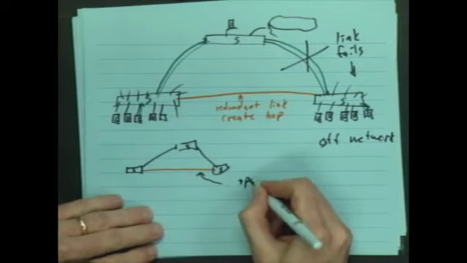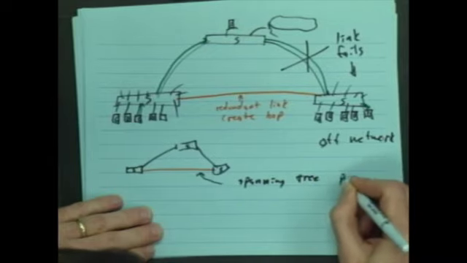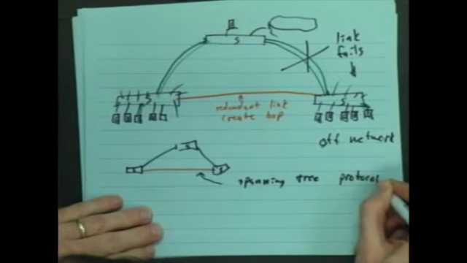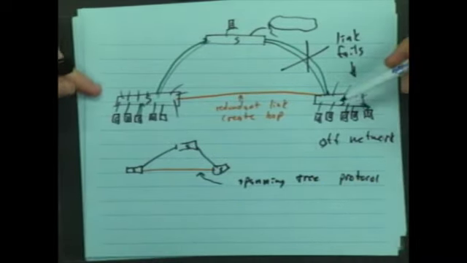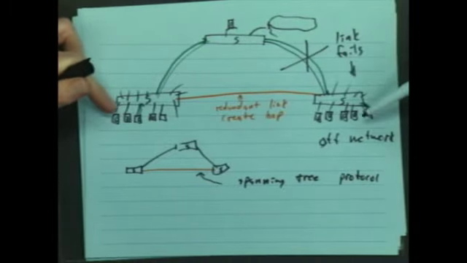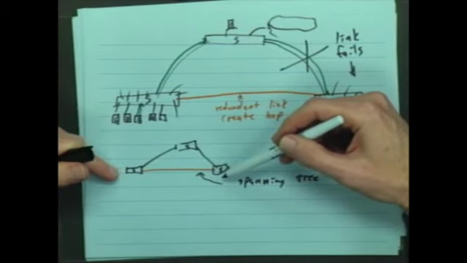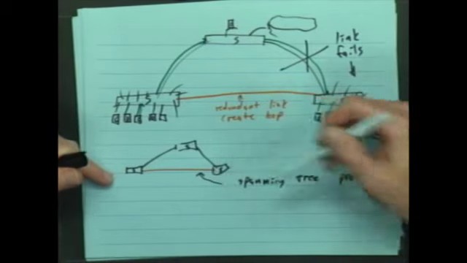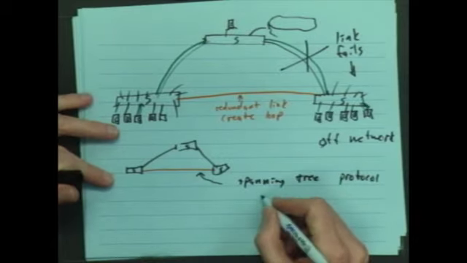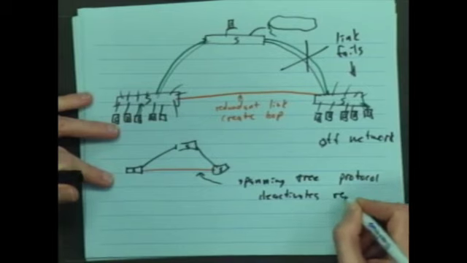This is called, if you're working in spanning tree protocol, so these are trees, right? I got like a trunk of a tree, and then the branch and branches. So this is a spanning of trees. That's why they call it spanning tree protocol. What spanning tree protocol does is it deactivates a redundant link.